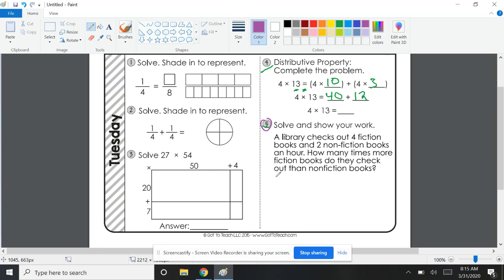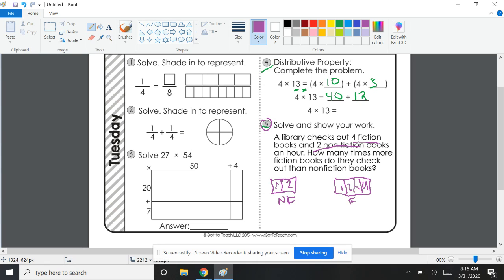Remember, you can always reread the problem if you're not understanding, or you can draw a picture. I like to draw pictures, so I'm going to draw. These are my 2 nonfiction books, 1 and 2. I'm going to put NF for nonfiction, and then I have 4 fiction books, 1, 2, 3, 4, and these are my 4 fiction books.